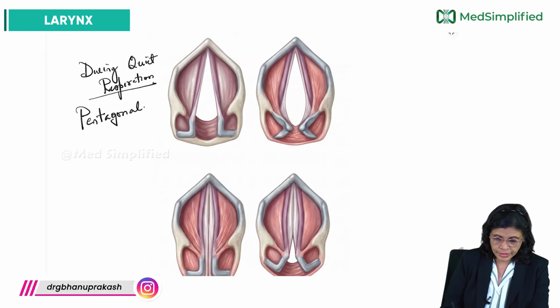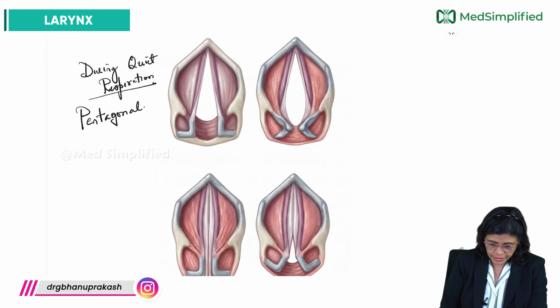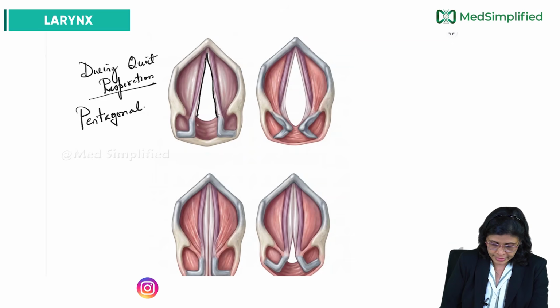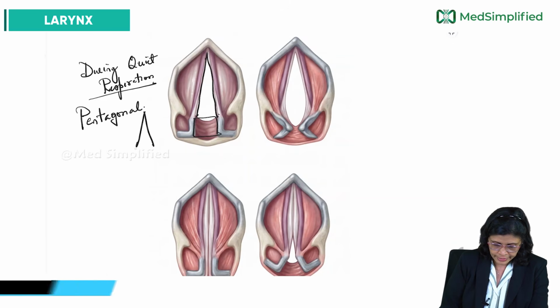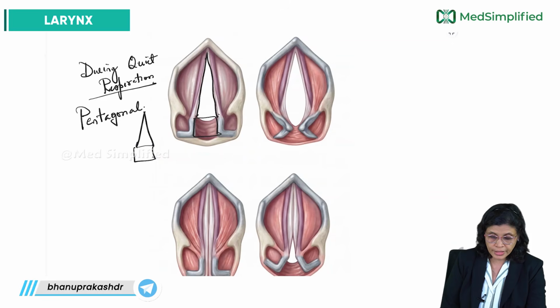The intermembranous part is triangular, and the intercartilaginous part will be rectangular.